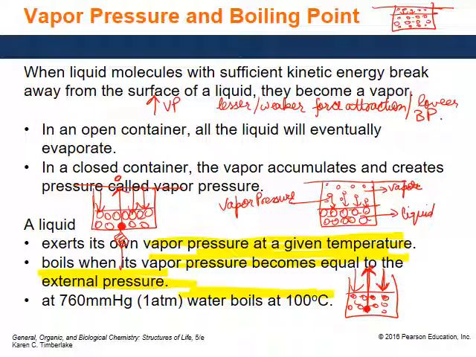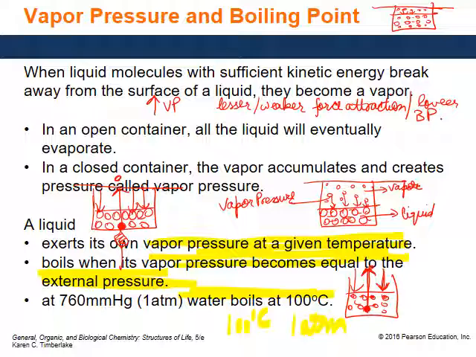That's why water at sea level, on normal land, usually boils at 100 degrees Celsius. Which means at a temperature of 100 degrees Celsius, the vapor pressure of water becomes equal to 1 atmosphere, right? But when this water is at, let's say, a higher altitude, the water boils at a much lower temperature.